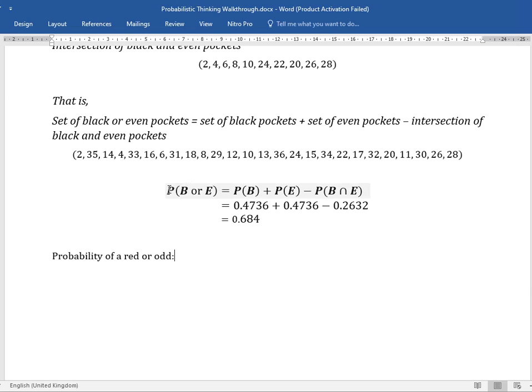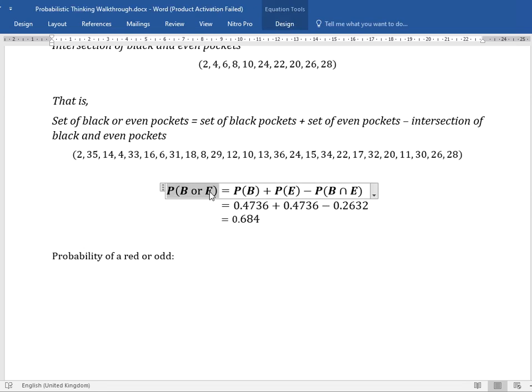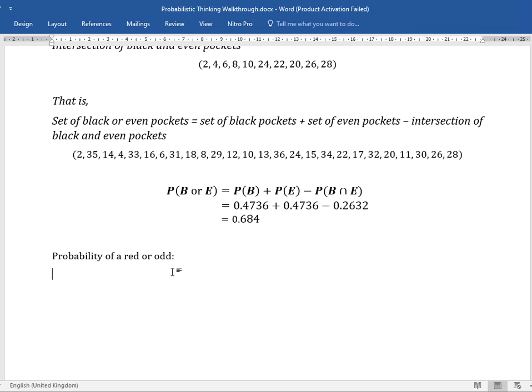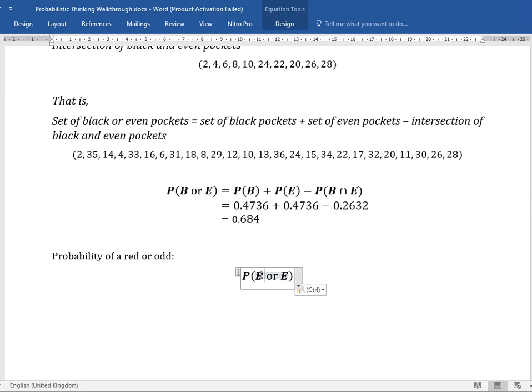So the first thing we need to do is to compute the total number of red events. Let's write the formula first. We're still going to use a similar formula to this. Why? Because they are not mutually exclusive.